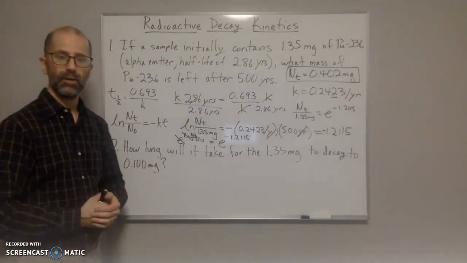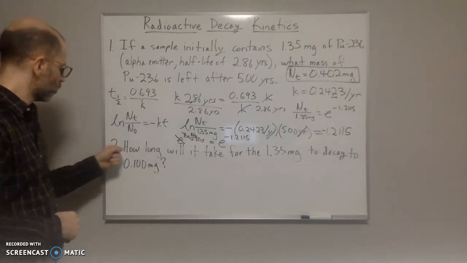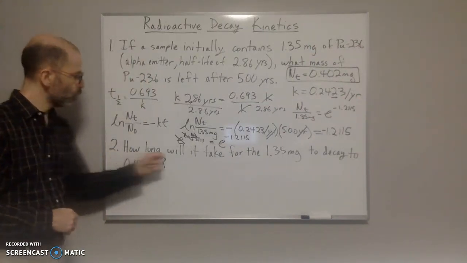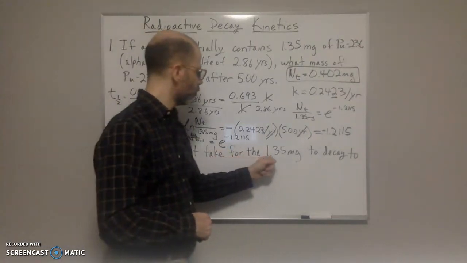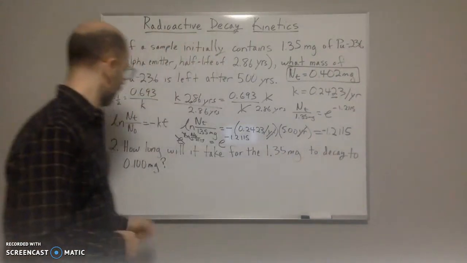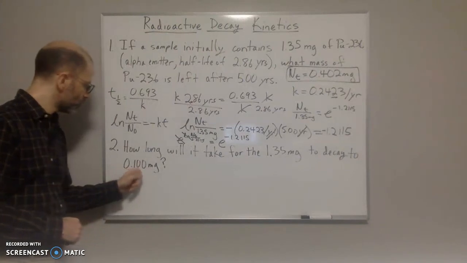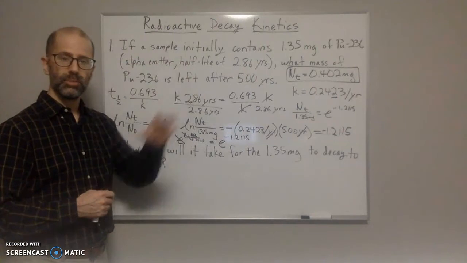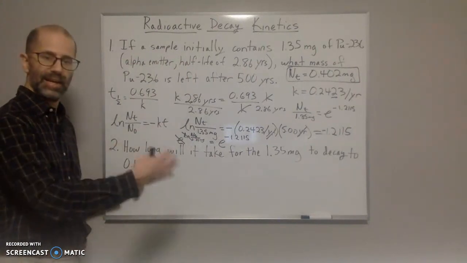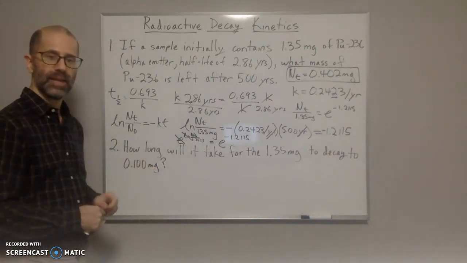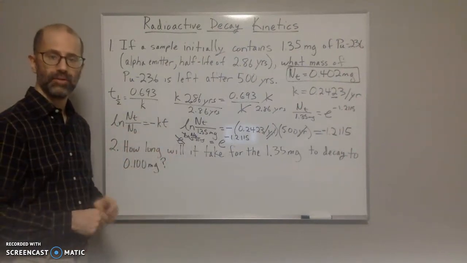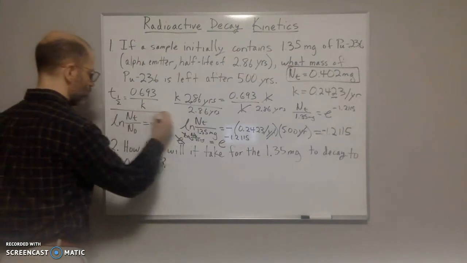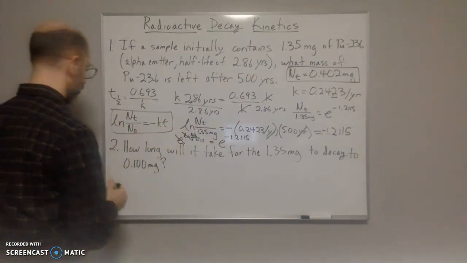Okay, what about the second question? Coming back to here, how long will it take for the 1.35 milligrams to decay to 0.100 milligrams? Now we're starting with the initial amount, they're giving me an amount after a certain amount of time, and they want to know what that amount of time is. So we're going to go back to this equation and apply it again.